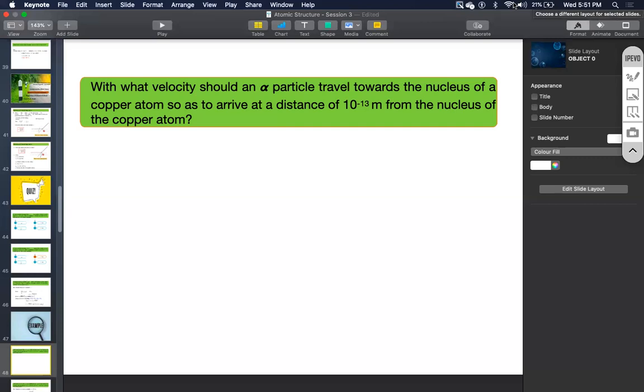No, Vishnu, not correct. Think again. How is it very less speed? 6.2 into 10 power minus 6 meter per second. With this less speed, how will it strike the gold foil and show the experiment?